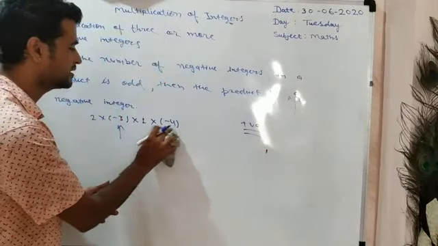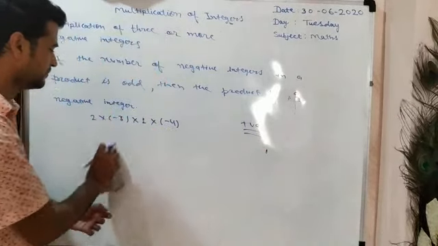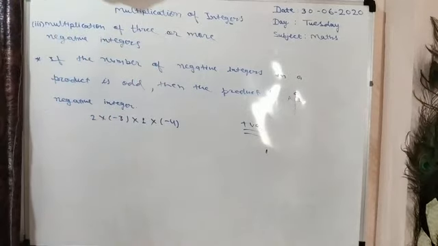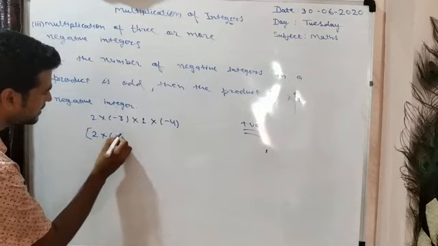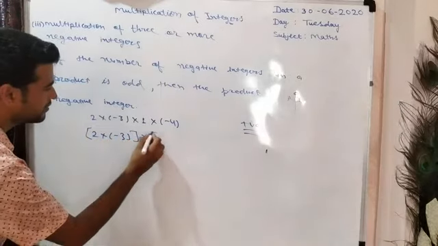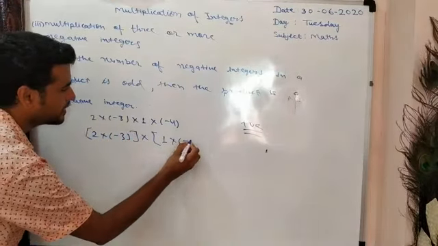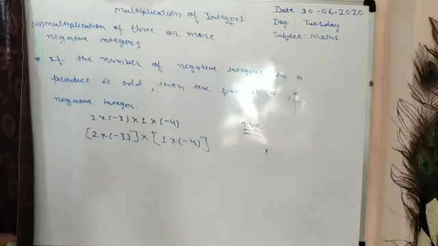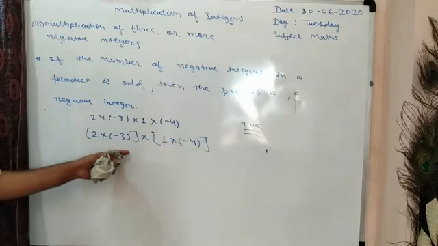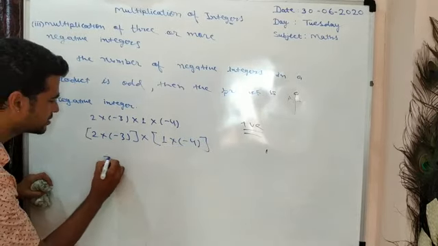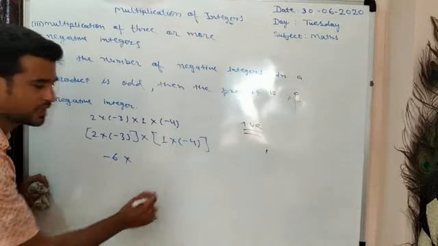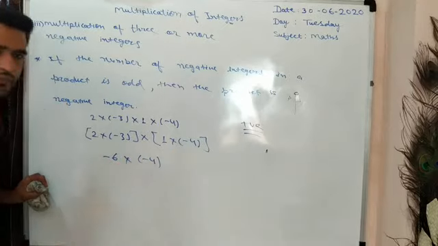Now we will check. Two into minus 3, so we can take these integers in one bracket, into 1 into minus 4. So 2 3s are 6, and this is a negative integer, so the answer should be minus 6. 1 into minus 4 is minus 4.